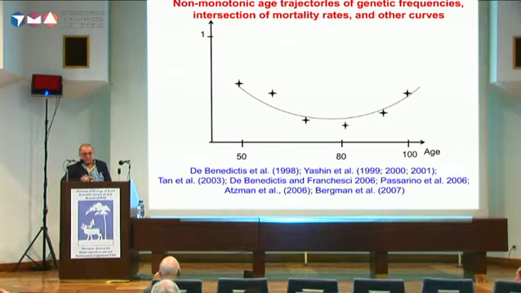Some genes are switched on or switched off during the life period, and animal experiments show that expression of many genes really changes, and the changes of the expression set up a new genetic environment.